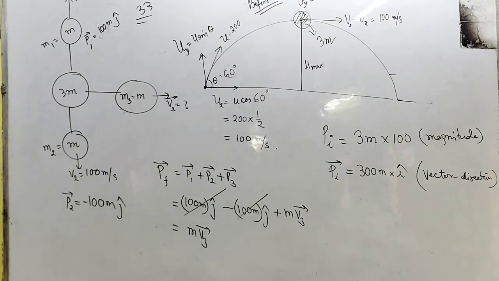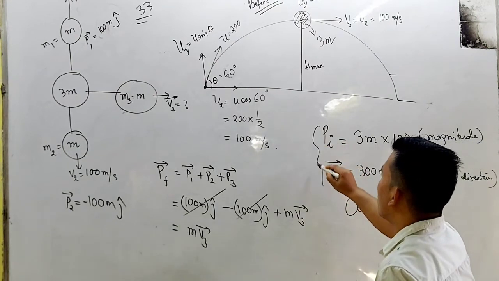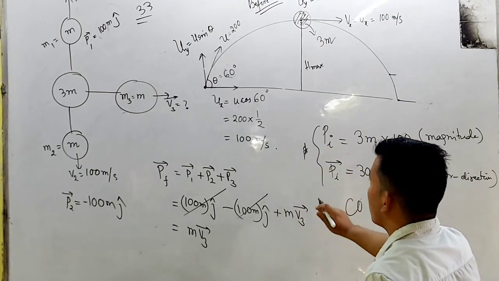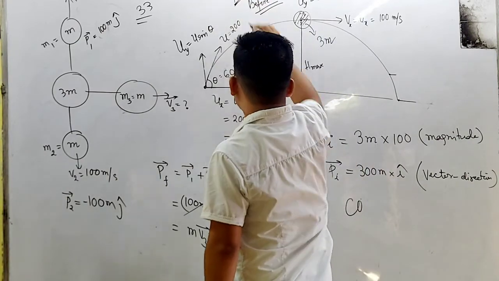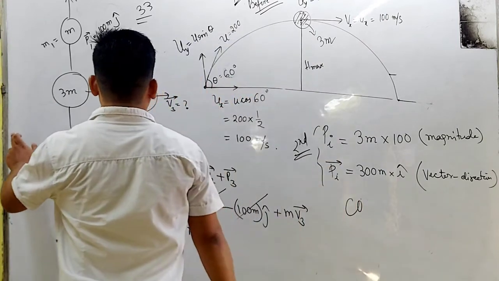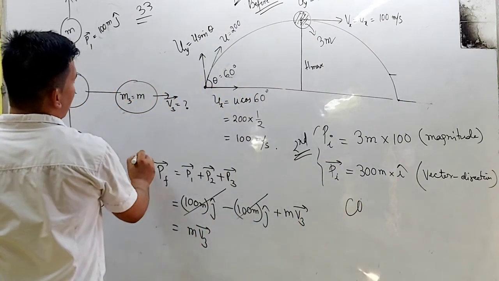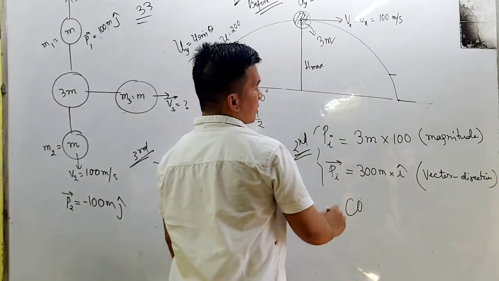Explosion will have conservation of linear momentum. So finally, this is our first step, this is our second step, this is your diagram, this is your third step, this is the last step, fourth step.